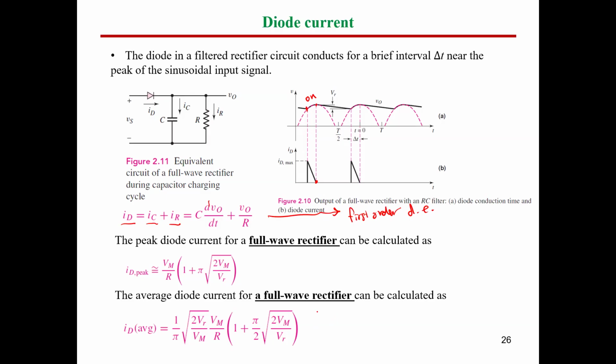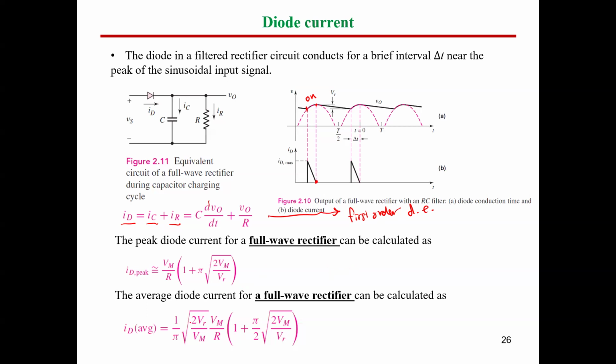What we can do is just use these relations, if you'd like to solve problems with them, and you can add them to your formula sheet. Again, the diode peak current is V maximum divided by R times 1 plus pi times the square root of 2V maximum divided by VR. And the average value of the diode current, you know that for any waveform, if you'd like to get the average value, it's nothing but the integration over a complete cycle.